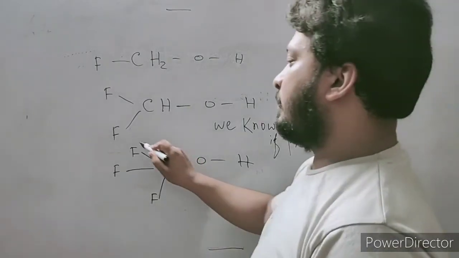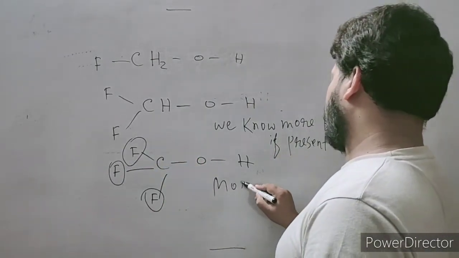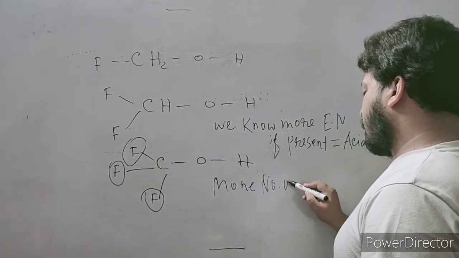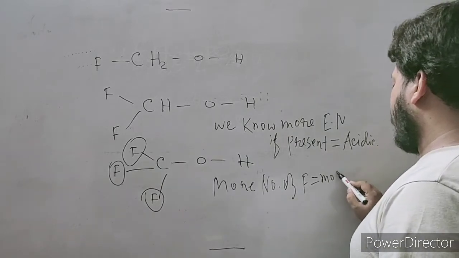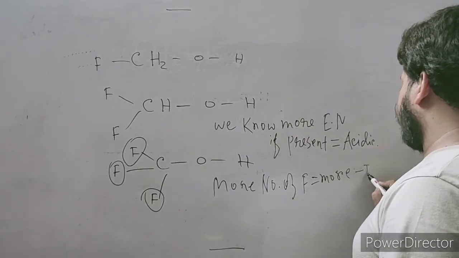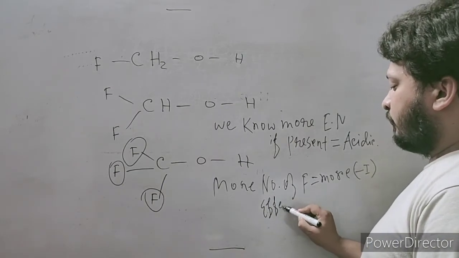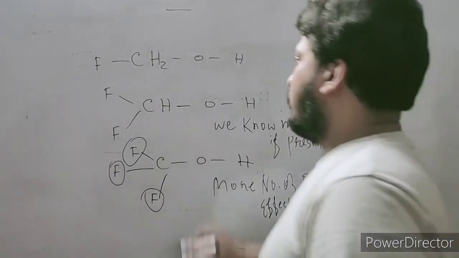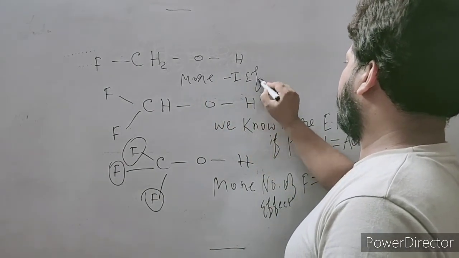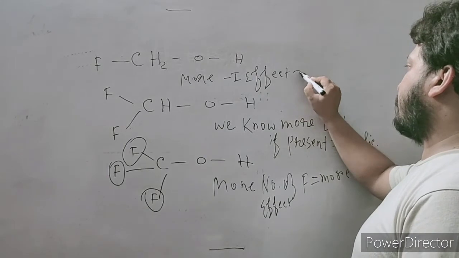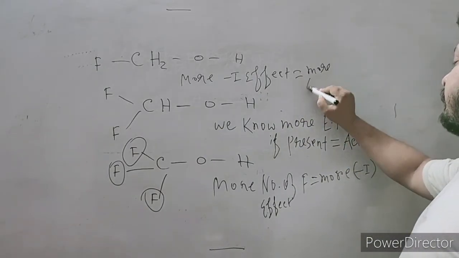Here is the number of fluorine. More number of fluorine means more minus I effect, and more minus I effect means more acidic.